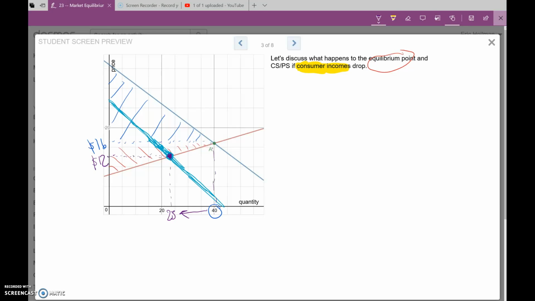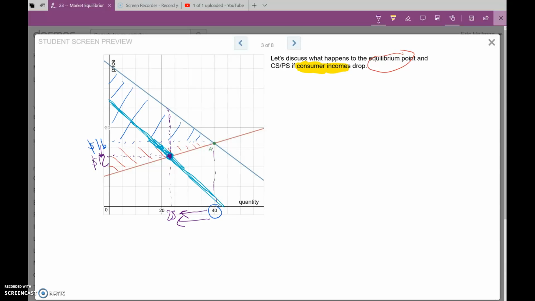The answer to the first part of the question about the equilibrium point is that equilibrium quantity would go down, and equilibrium price would also go down. If you're not given equations, you don't have to say by exactly how much. You just need to be correct in terms of whether each of them goes up or down.